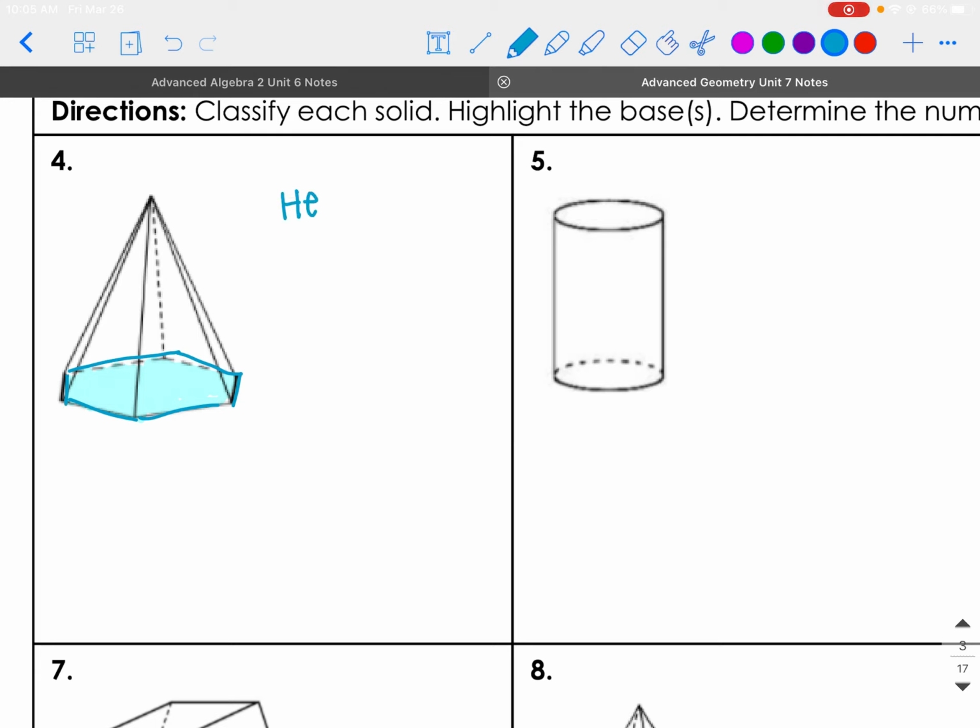It has 6 sides, so it's a hexagonal pyramid. It has 7 faces, 12 edges, and 7 vertices.